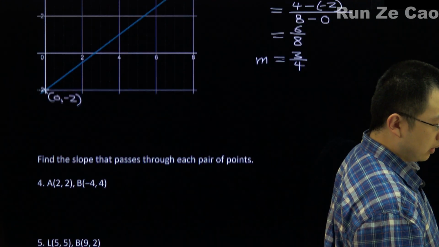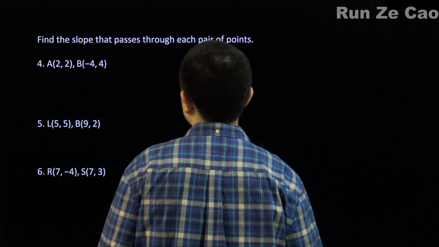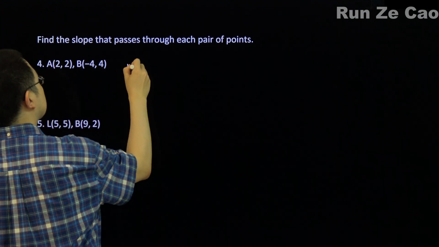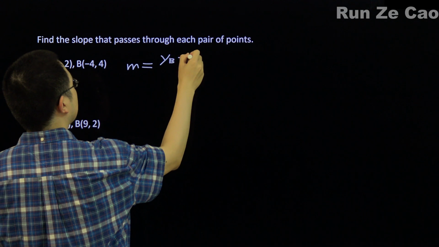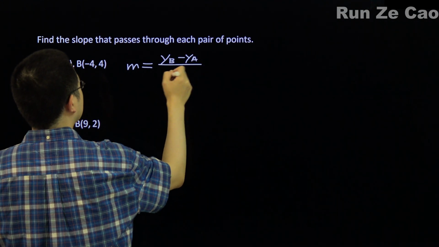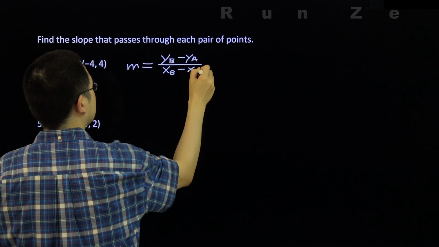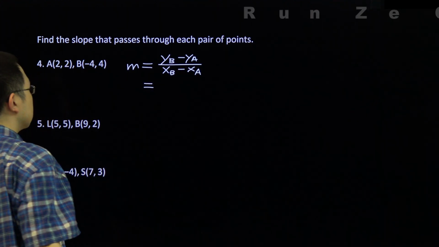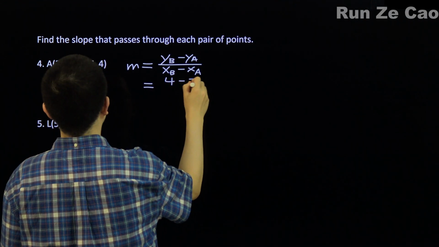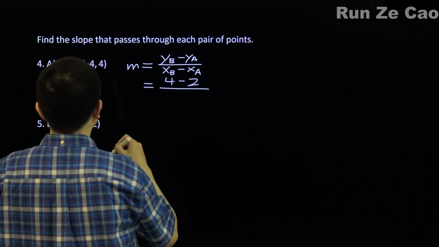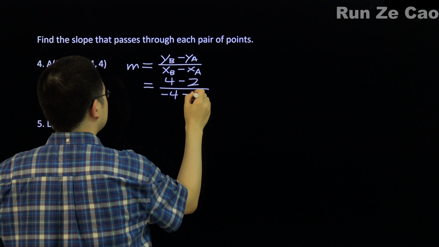Now, what if we find the slope that passes through each pair of points? Well, m equals yb minus ya over xb minus xa, which is equal to 4 minus 2 over xb is negative 4 minus 2.